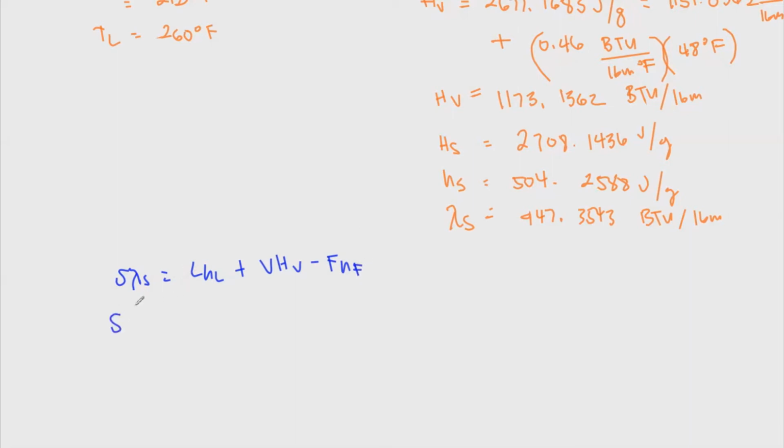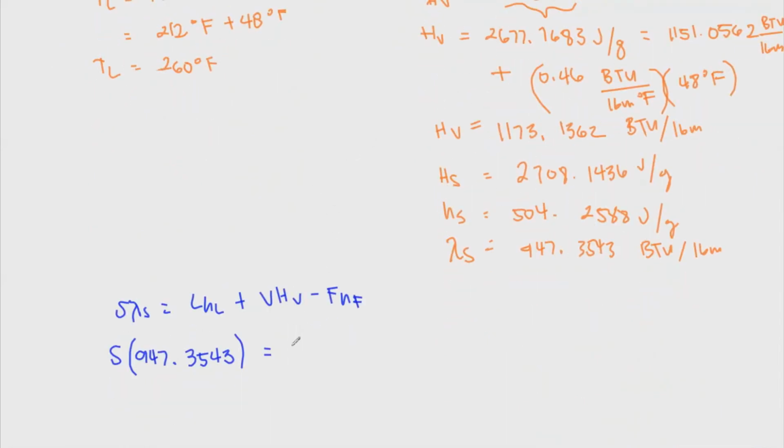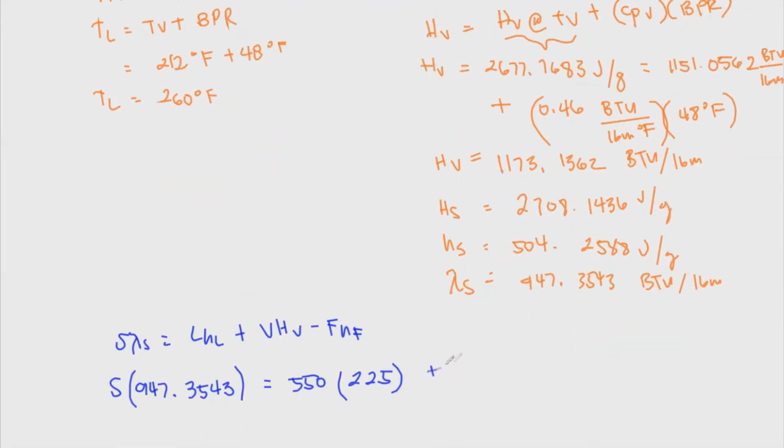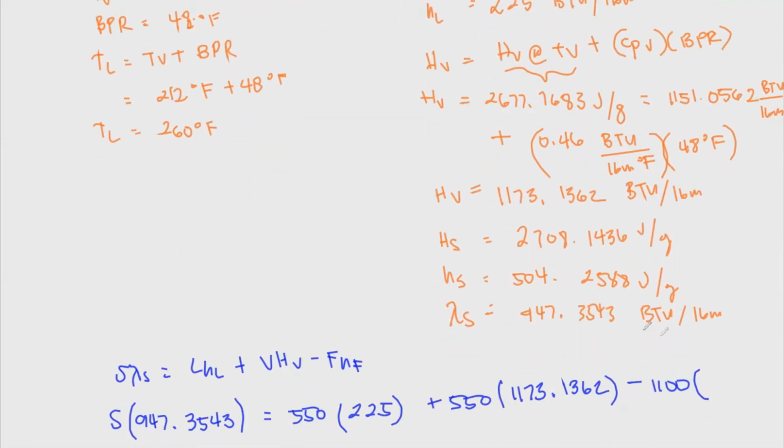So S times 947.3543 is equal to our L, and the liquor is 550, so 550 multiplied with, I think that's 225 based on our figure, plus 550, and then HV is a capital H accounted with the boiling point rise, so that's 1173.1362, and then minus 1100 times the enthalpy of the feed, which is 30.